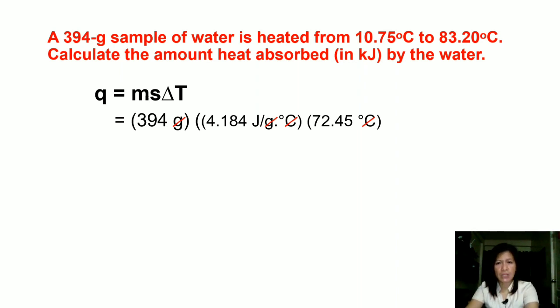That gives you 72.45 degrees Celsius. Canceling the similar units between numerator and denominator, gram and degrees Celsius, you will have joule left as unit. Joule is a unit of heat.